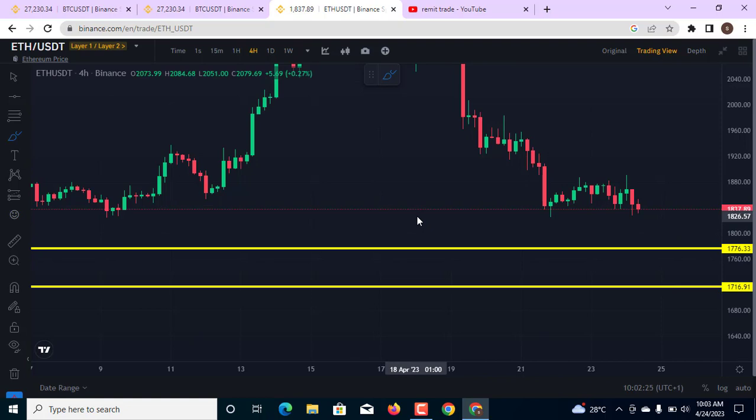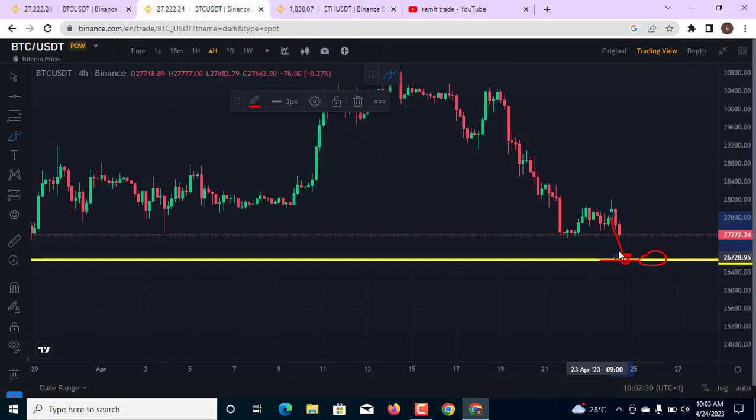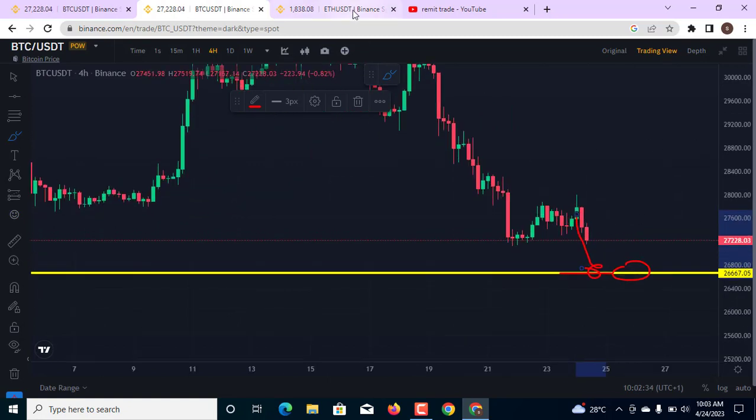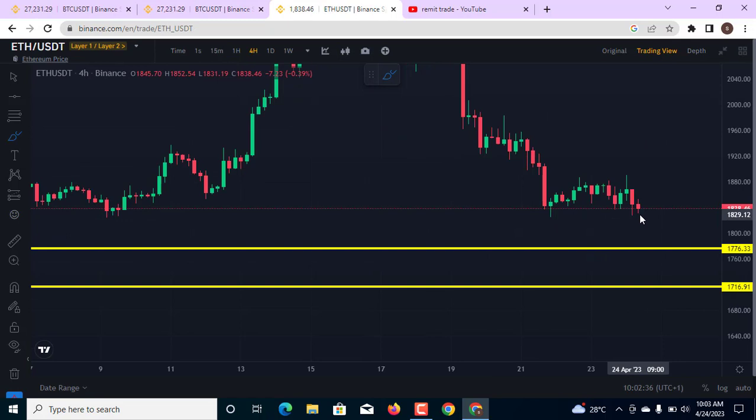The one thing you have to understand is that right now we are seeing BTC moving down more aggressively compared to ETH. The reason is that at the moment it is good for you to hold ETH compared to Bitcoin.